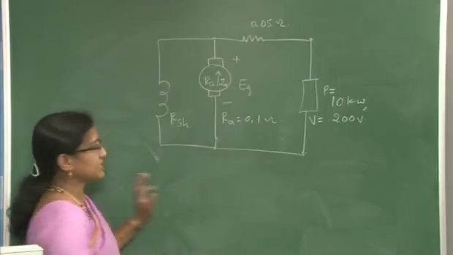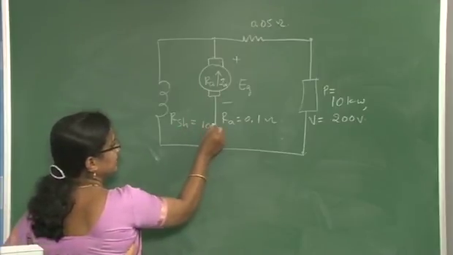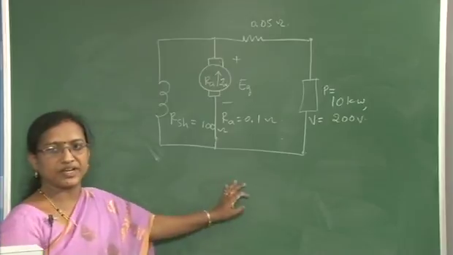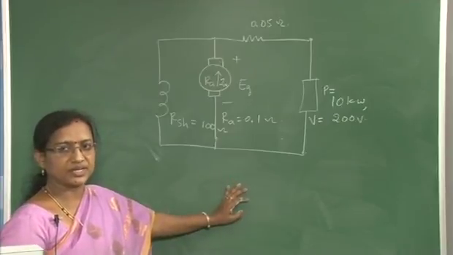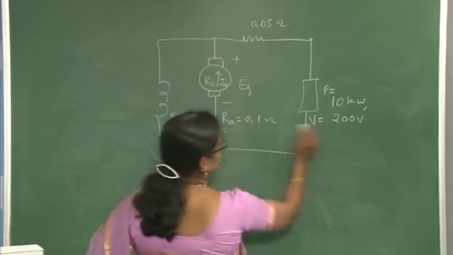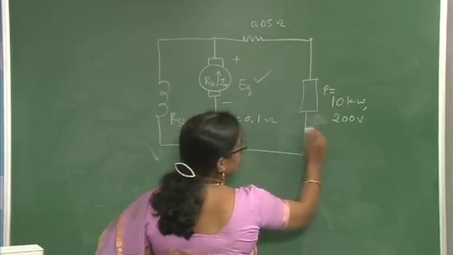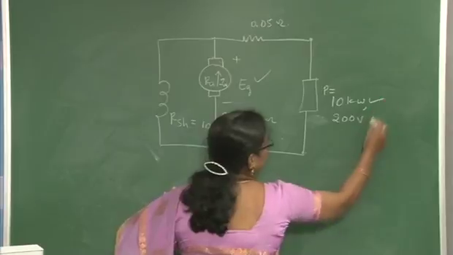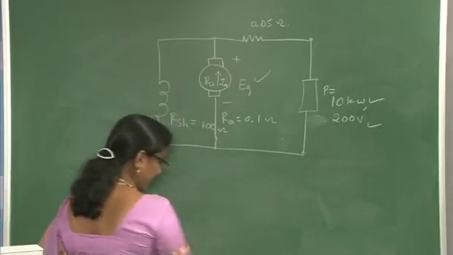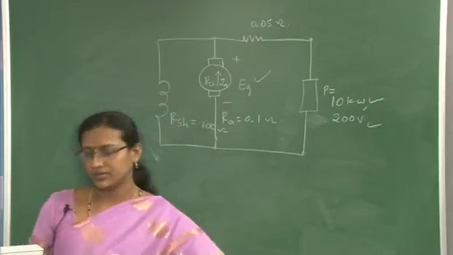The shunt field resistance Rsh is given as 100 ohm. Find the terminal voltage and generated EMF. So you have to calculate the generated EMF.